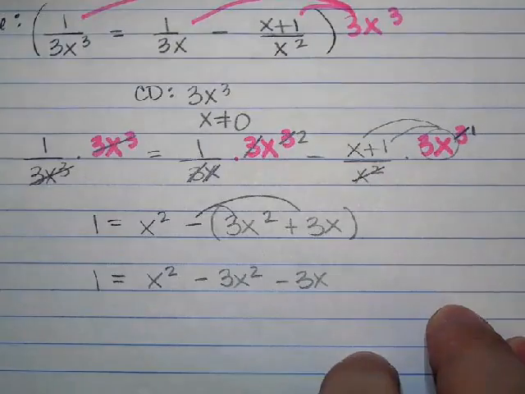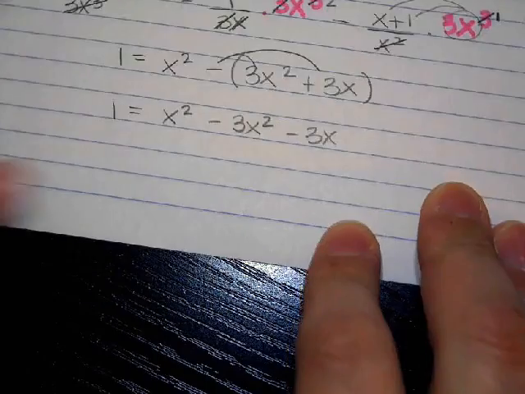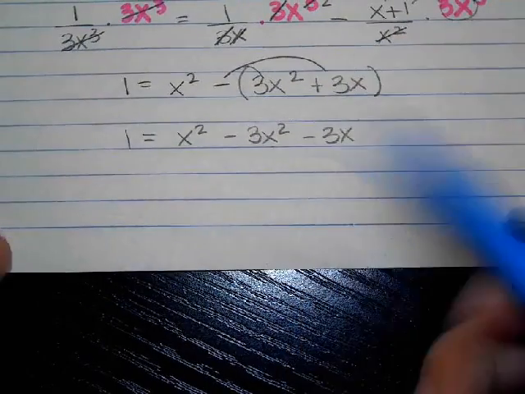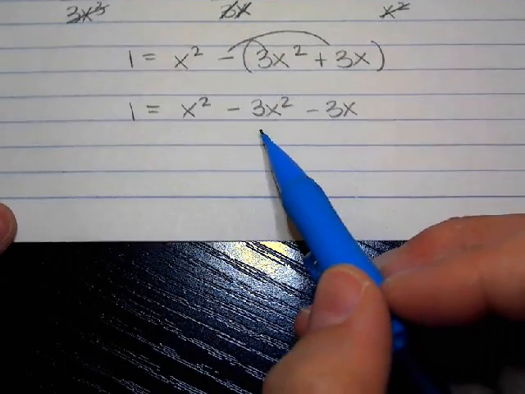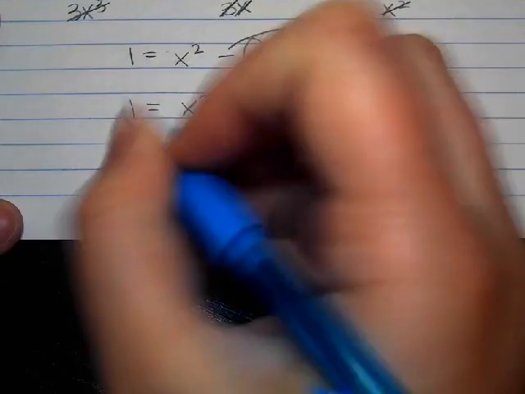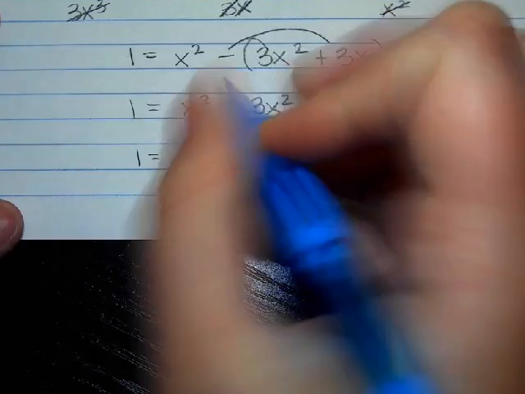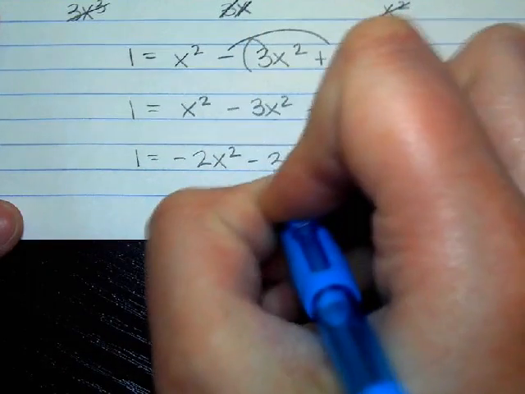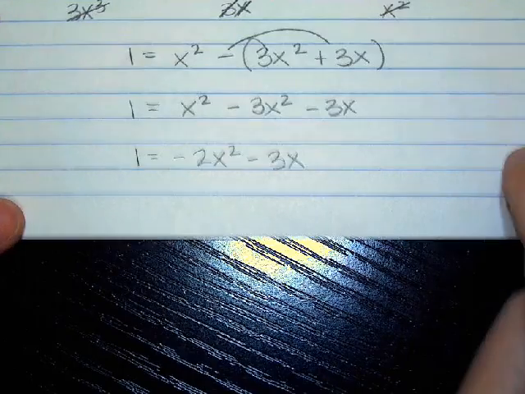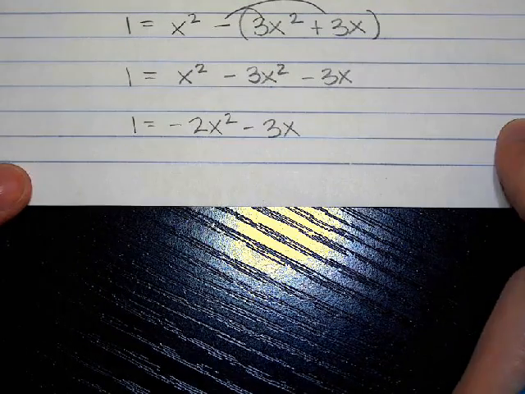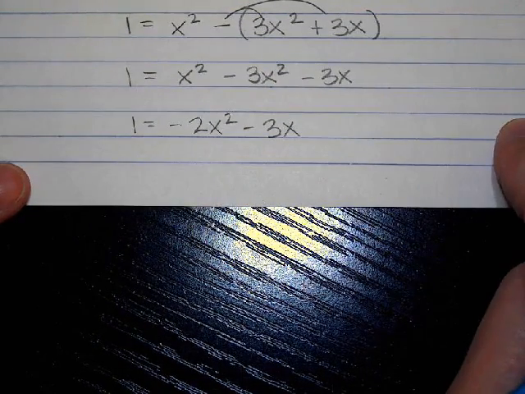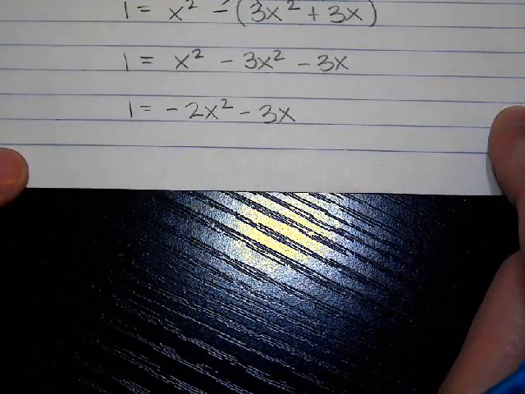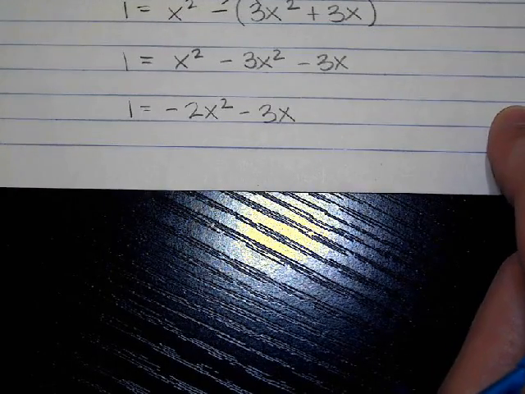Let's continue. All right. Combine like terms. What do we get? All right. So what type of equation are we solving? A quadratic.